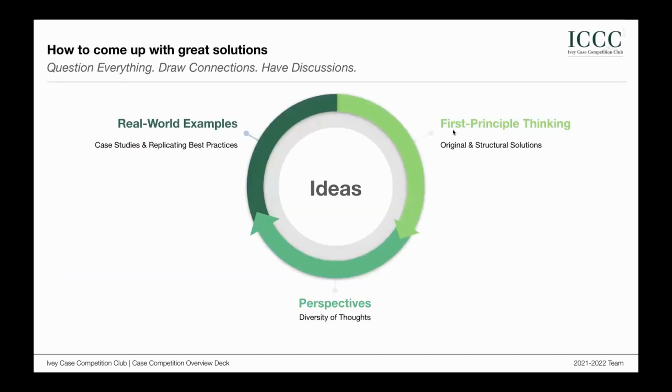So the last thing I want to leave you with is how to come up with great solutions. There are cases in telecom, retail, financial services, and not everyone is super good in these industries, right? When you're so fresh to an industry, it might be very difficult to come up with solutions. So for us, I can say we have 3 buckets of ways that you can do it.